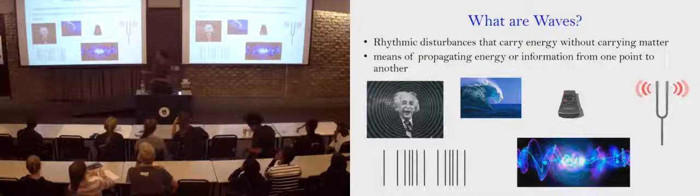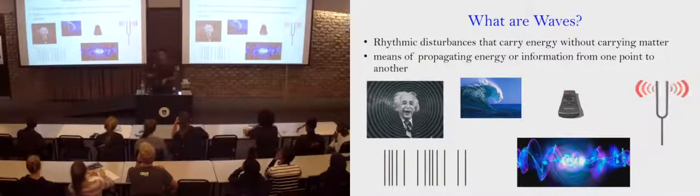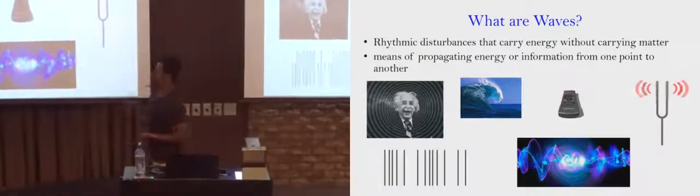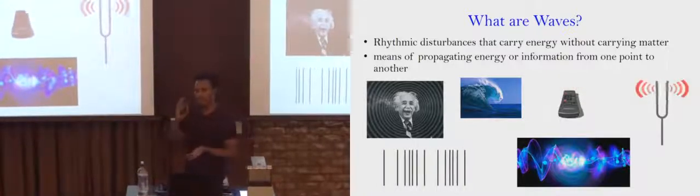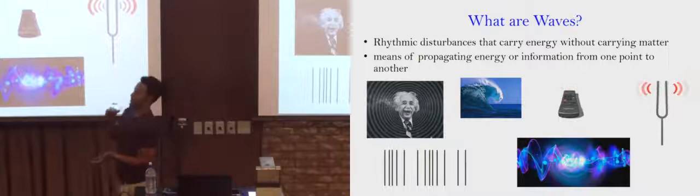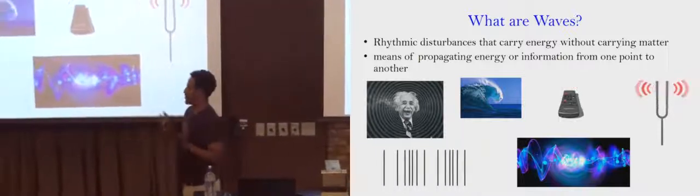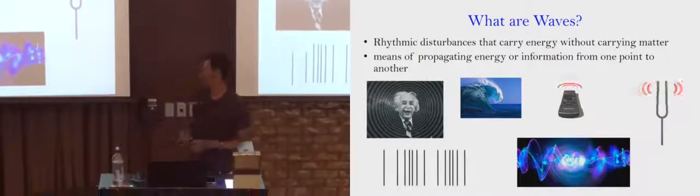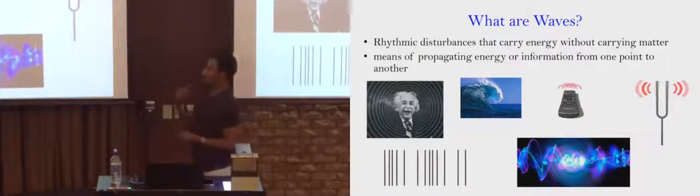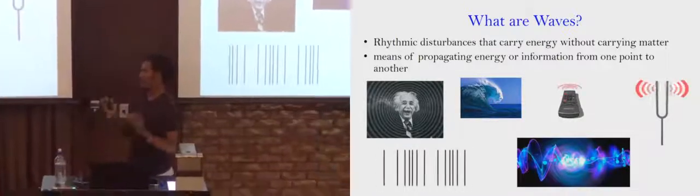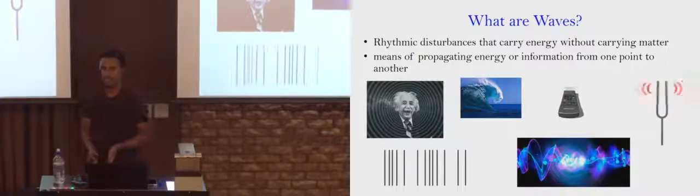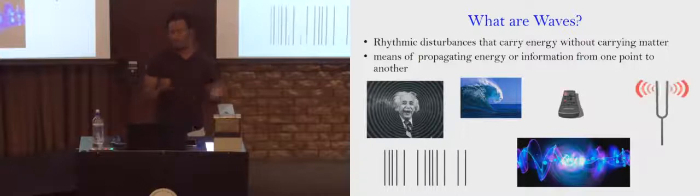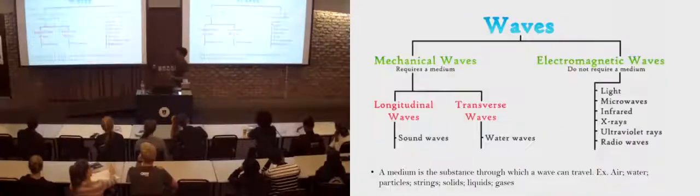Wave can be produced from the sound, from when we speak, the particles will vibrate and they will carry the sound energy from one place to the other place by compressing and relaxing that material. So waves can be produced from different sources, and they carry energy, but they don't carry matter, but they can use matter to transfer from one place to the other place.